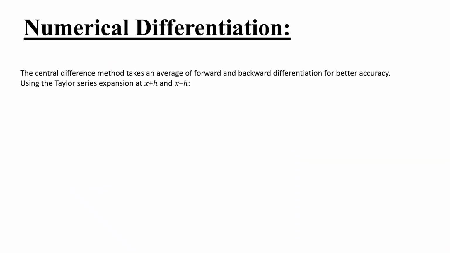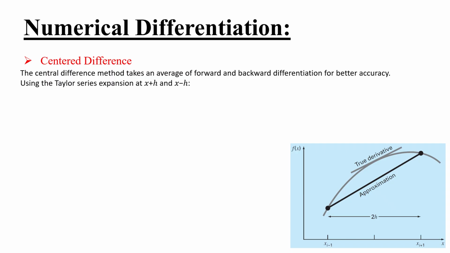Now we want to improve this error term, so we will come up with another idea. We will use the central difference, in which we try to accommodate both forward and backward difference. How do we do that? We call it central difference. We use the previous point and the forward point to come up with the formulation.